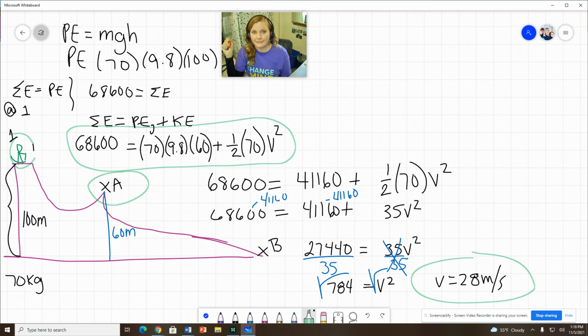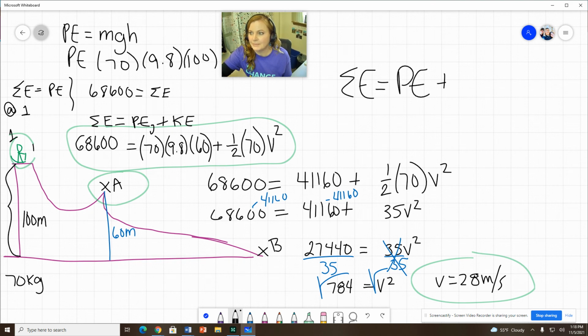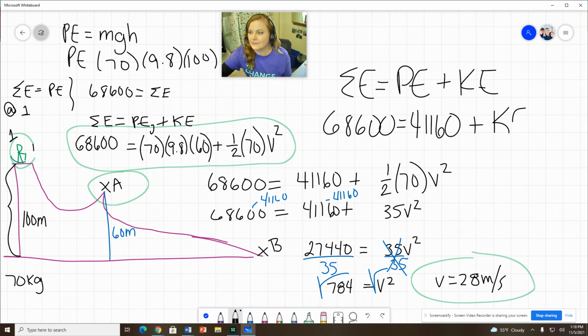Because we know total energy equals potential energy plus kinetic energy. So if at this point my total energy was 68,600, my potential energy was 41,160, it would be easy for me to solve for kinetic energy by just taking that 68,600 and subtracting 41,160, right?